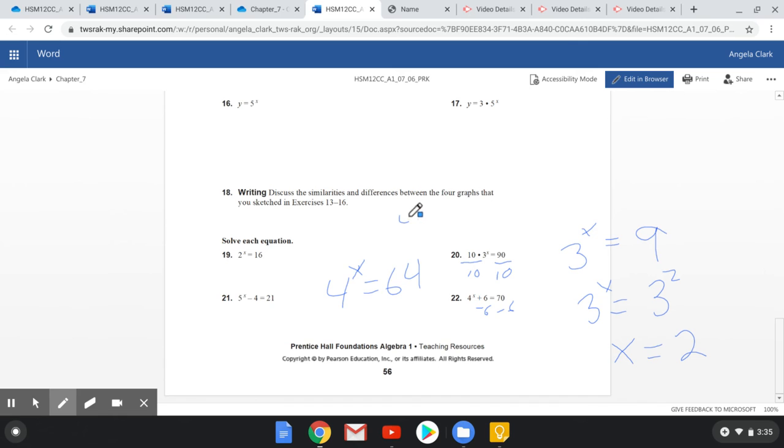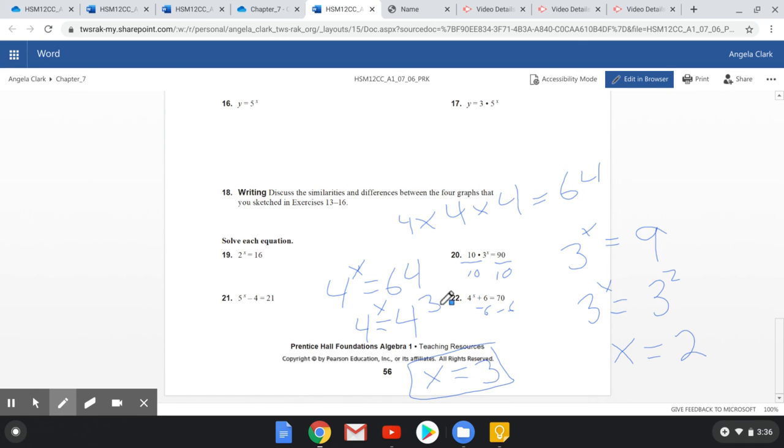So 4 times 4 times 4 is 64. So 64 is 4 to the third. So x equals 3. So for 22, x equals 3.